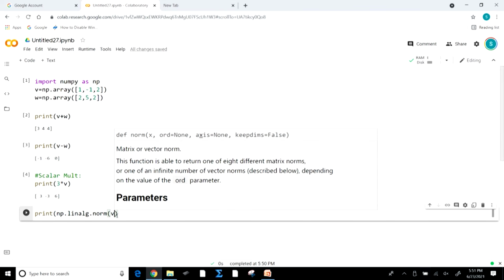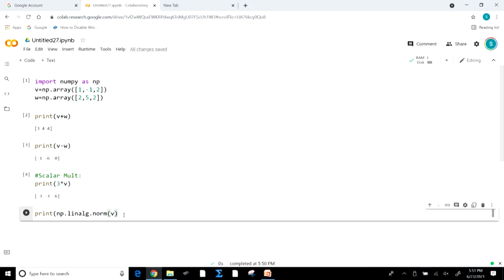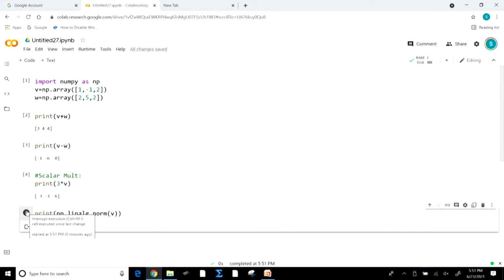Let me find the length of vector V. You can see it is 2.44, which is just square root 6.